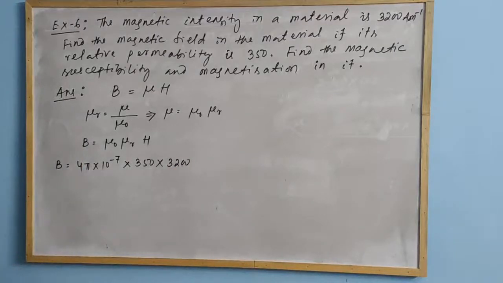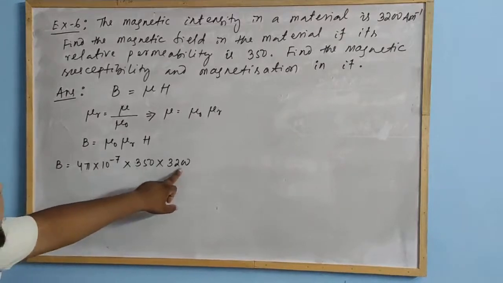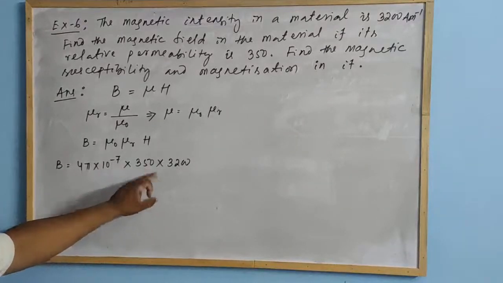The units are Tesla meter ampere inverse and ampere meter inverse, and there is no unit for mu R.